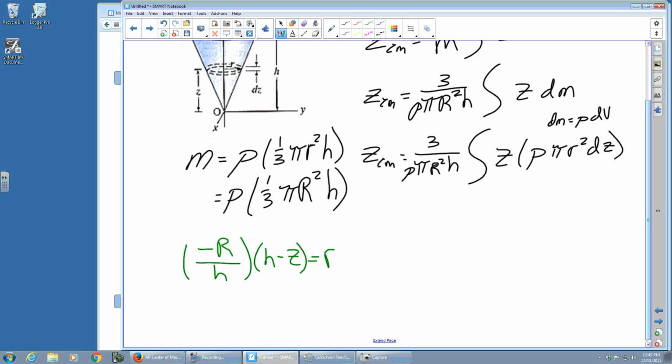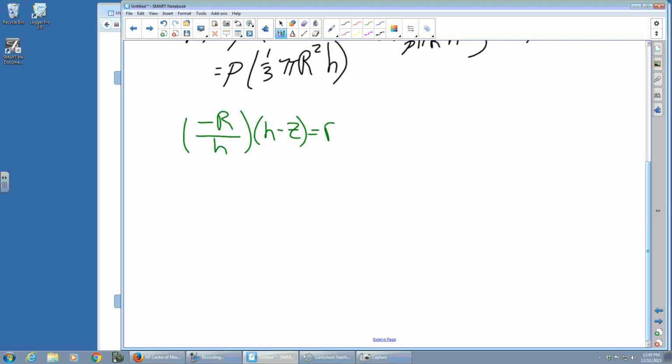Well, I had a little bit different ratio. I had that for a cone, r is to z, because they feed. So I can say that r is big R over H times z.